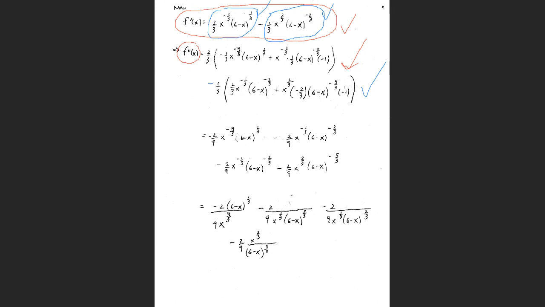Take a moment to copy it down. Let me know if you have any questions, okay? We're using the product rule and the chain rule too. You know, got to remember that chain rule.